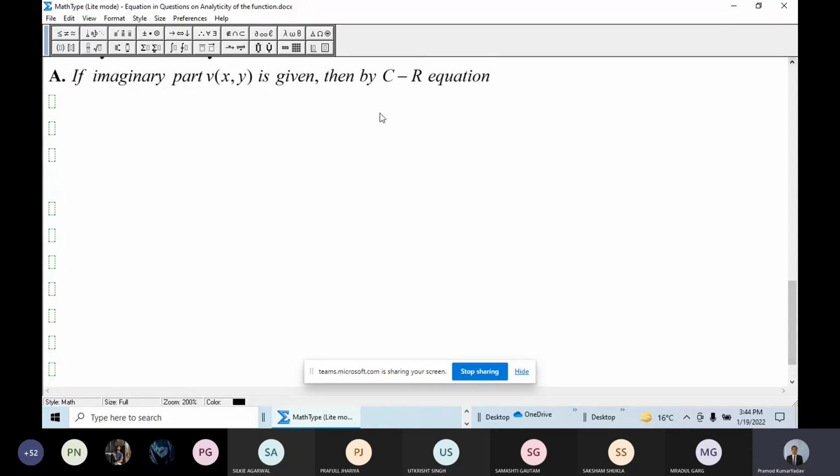Then by CR equation, del u by del x is equal to del v by del y.